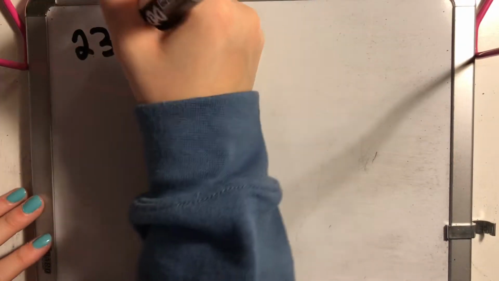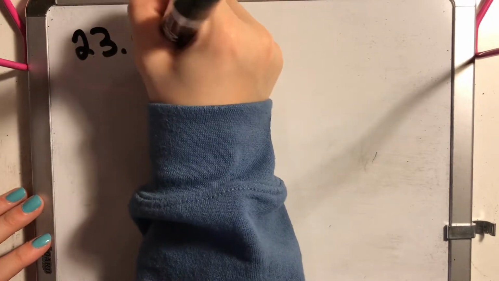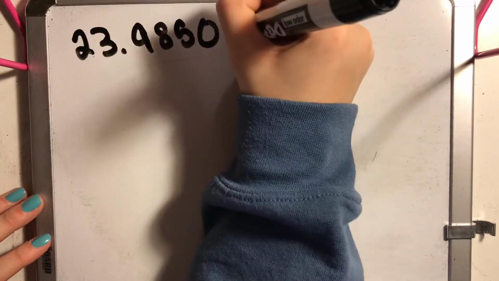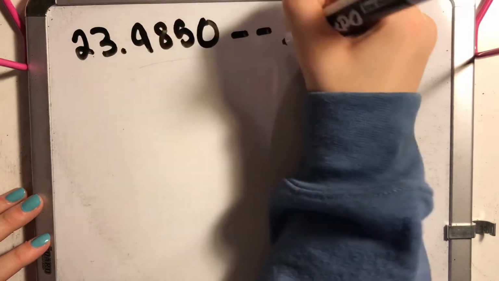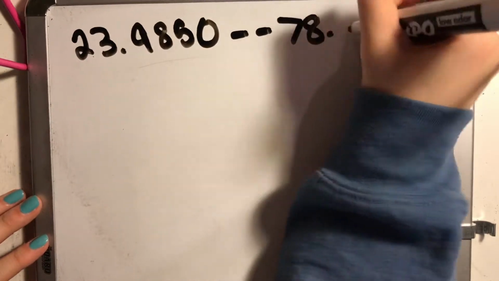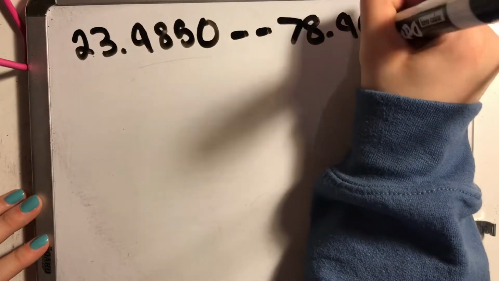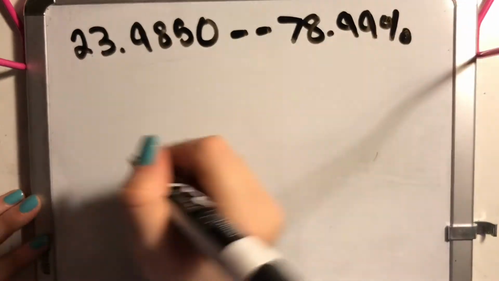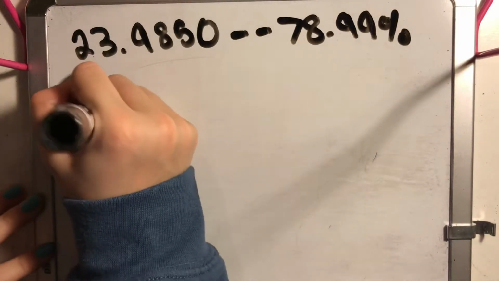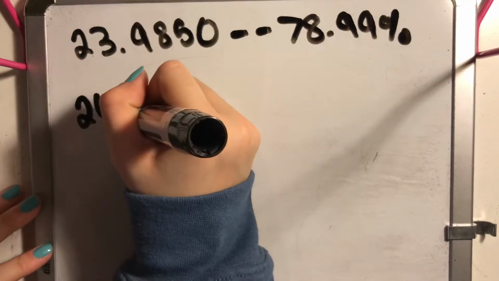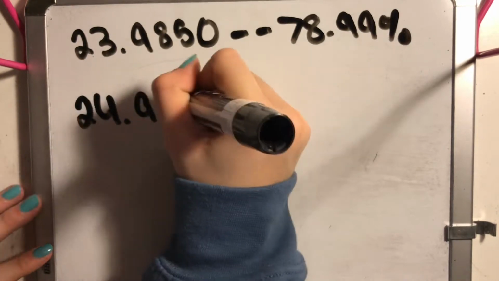An example of this is that you have an unknown element with 3 isotopes. One isotope has a mass of 23.9850 that exists 78.99% of the time. A second isotope with a mass of 24.9850 that exists 10% of the time.